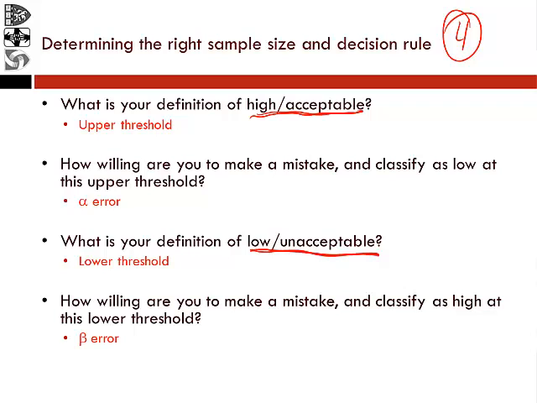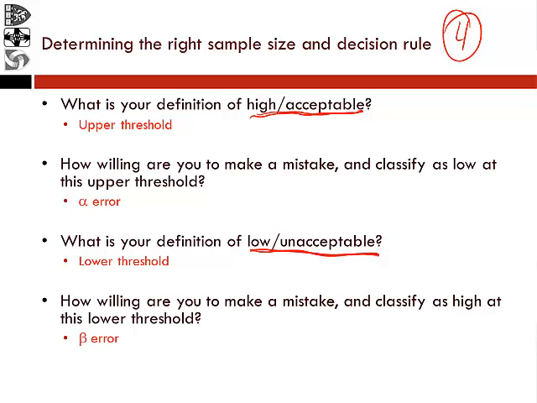Now remember, no system will be perfect. It's actually not true. There's one way that I know for sure. What's the only way I can know 100% sure to have a census? And here we're talking about samples. So the other thing I need to specify is how willing am I to make a mistake?